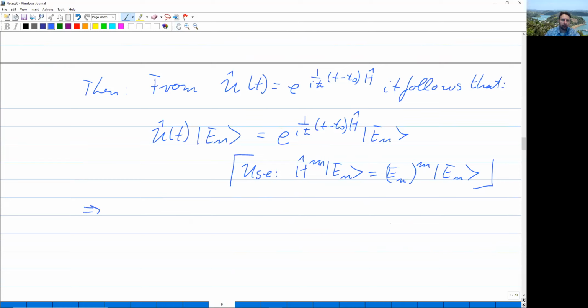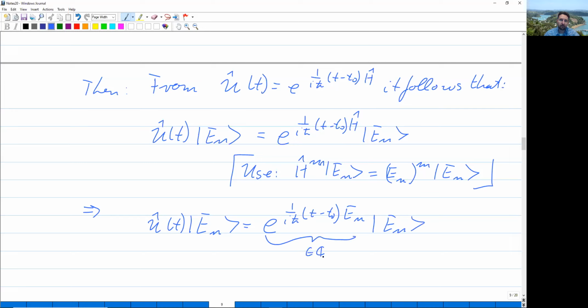So what we obtain is that u hat of t acting on En equals e to the power of 1 over i h bar t minus t naught, and then, well, it's simply En acting on En. So these are complex numbers. These are the eigenvalues of u hat of t.